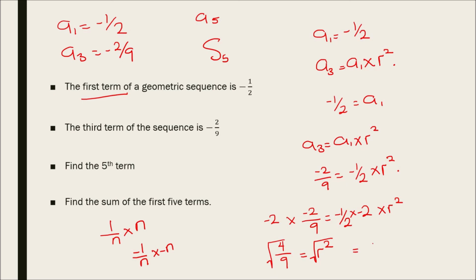What's the square root of 4 over 9? The square root of 4 is 2, and the square root of 9 is 3. So r is 2 over 3, baby. R is 2 over 3. So whenever you want to clear fractions, especially 1 over n, let's say we have something like 4 over 9 equals, say, 1 over 2 times x.